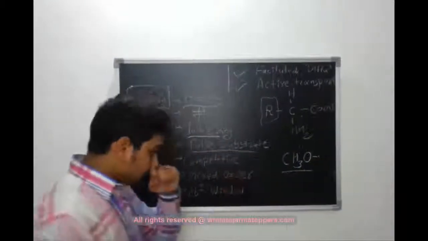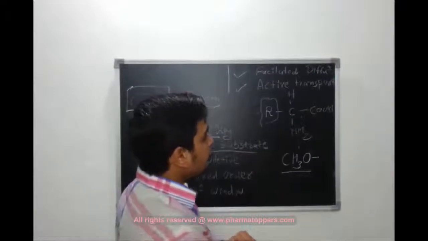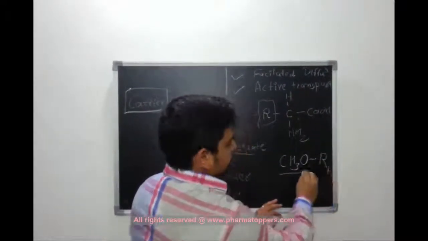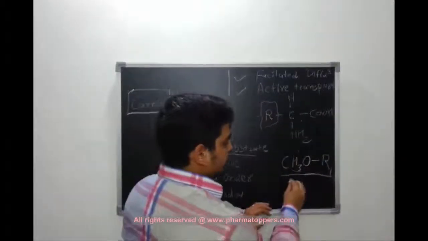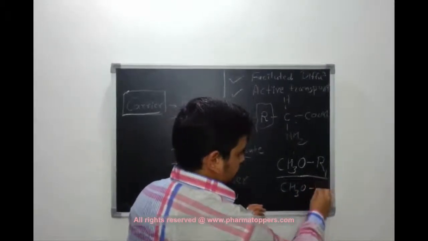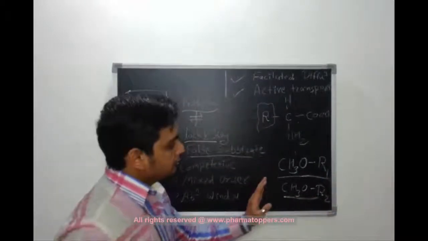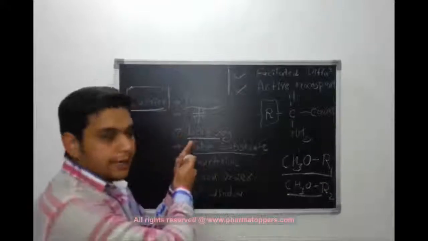So this is the ligand for the particular protein. Now suppose R1 is my drug, and there is some other substance, R2, which also has this methoxy group.